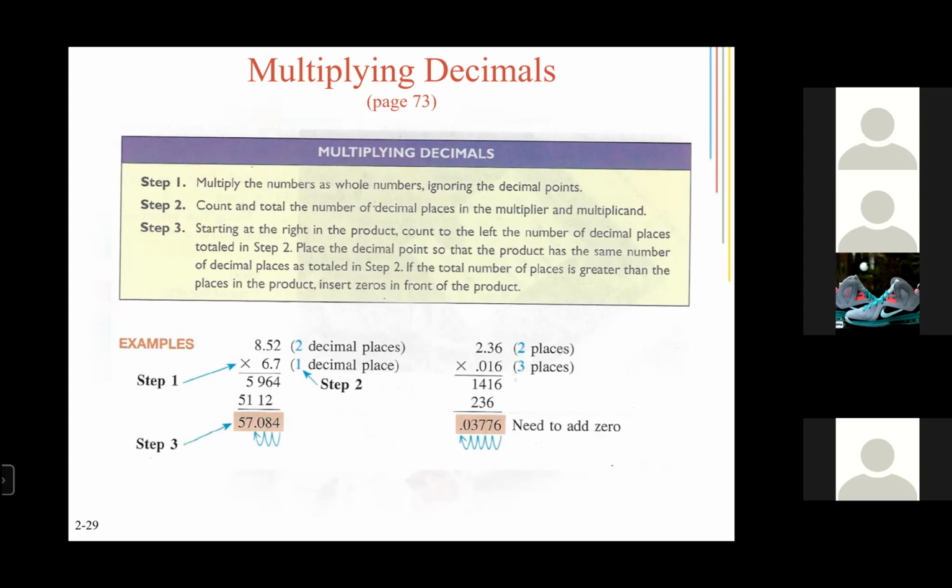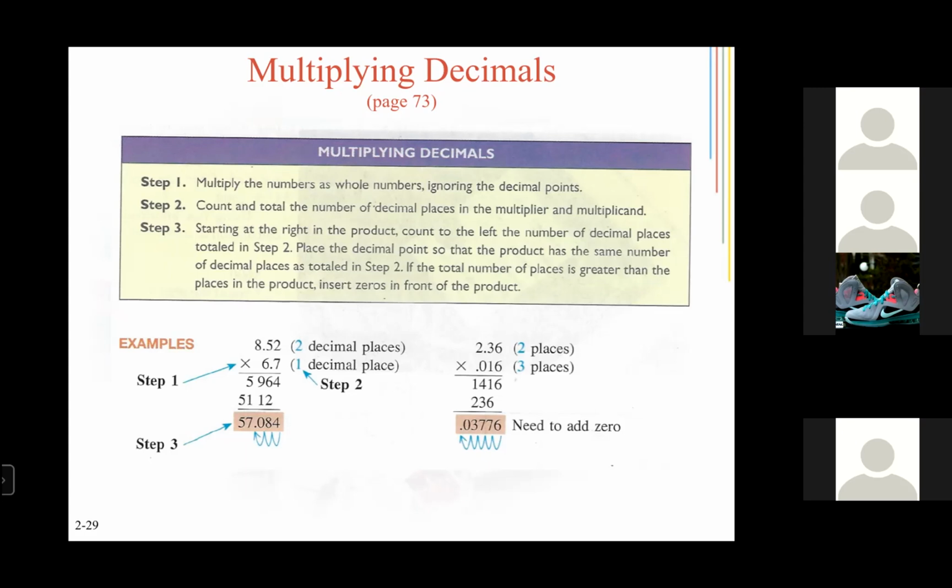Now, in the next example, you have 2.36 and 0.016. So the first number has 2 numbers after the point, the second number has 3 numbers after the point. So altogether, there are 5 numbers after the point for your answer. But in some cases, you will see where you have to add a 0 to ensure that you get 5 numbers after the point.